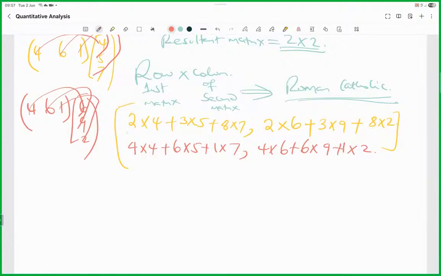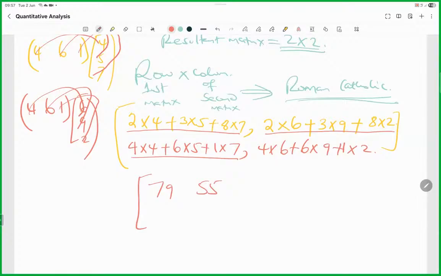So we start with the first one here: 2 times 4 plus 3 times 5 plus 8 times 7. At first you may think it's very difficult, but as we continue, you will like it. How about this one? 5, I'm told. Then we come to this one. 3.